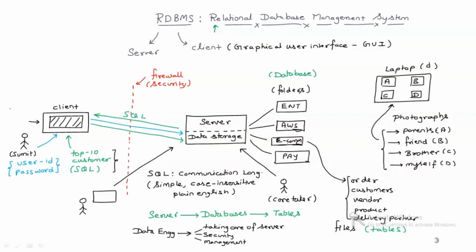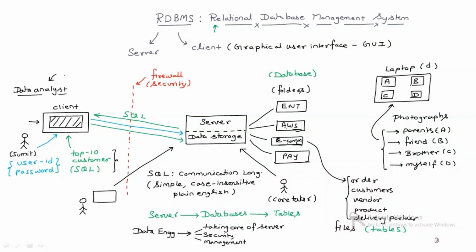While on the other hand, a data analyst or a data scientist or maybe a business analyst is responsible for analyzing the data. This person is not responsible for making sure that the data preserved over here is secure enough, or for the server side.